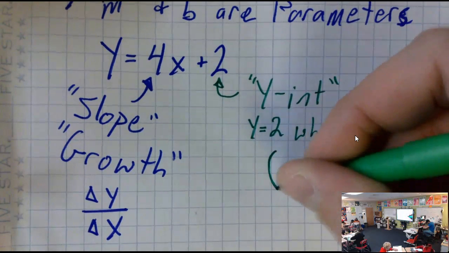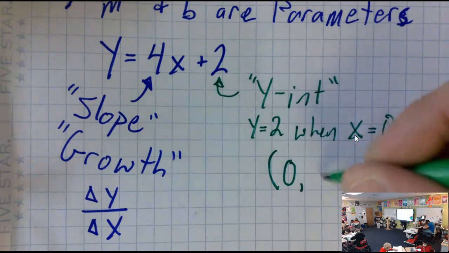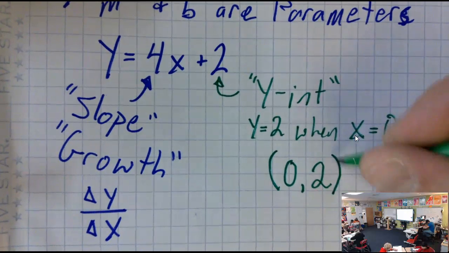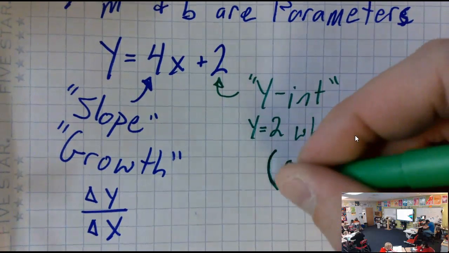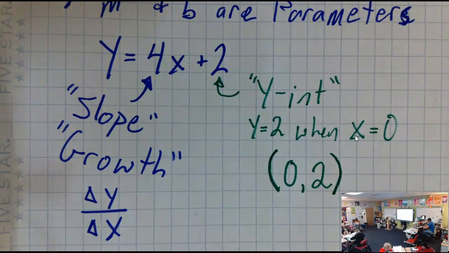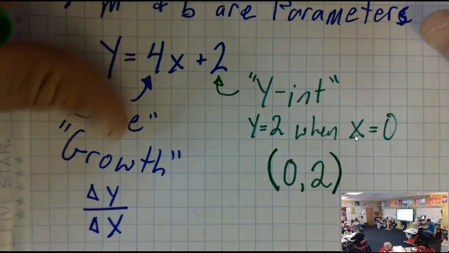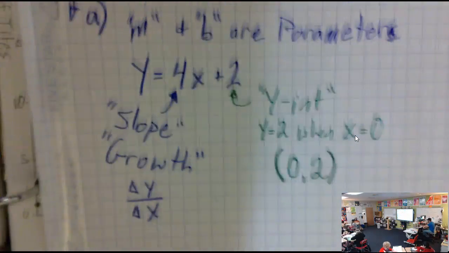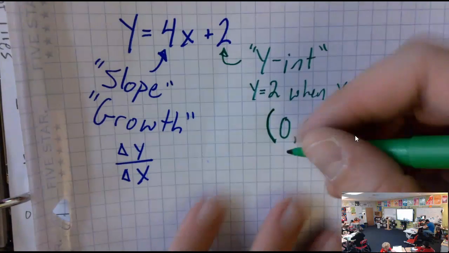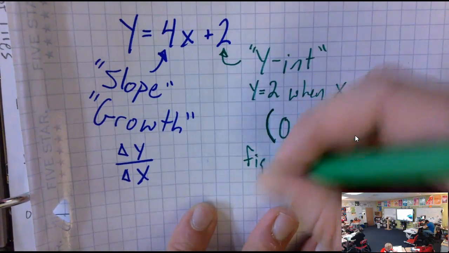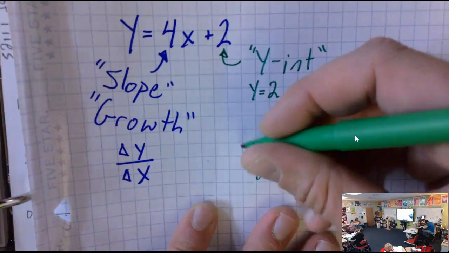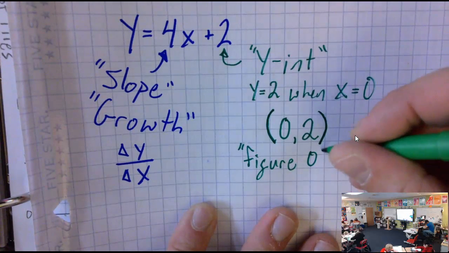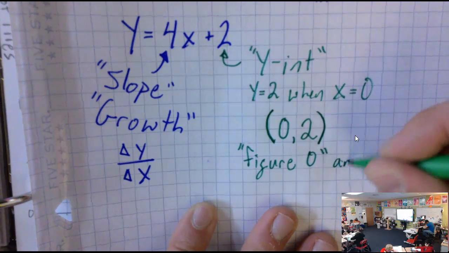It also tells us the point (0, 2) is part of our table. It's also the amount we have in figure 0. So that is our figure 0 amount.